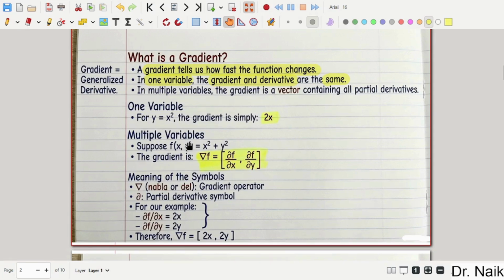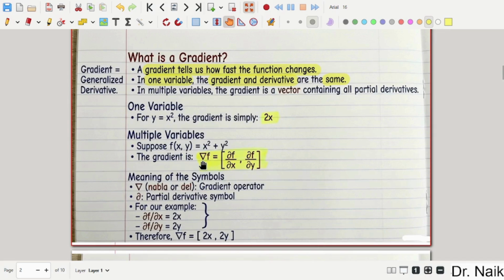In multiple variables, for example, f of x, y is equal to x square plus y square, then del f is equal to the partial derivative of f with respect to x, comma, partial derivative of f with respect to y.